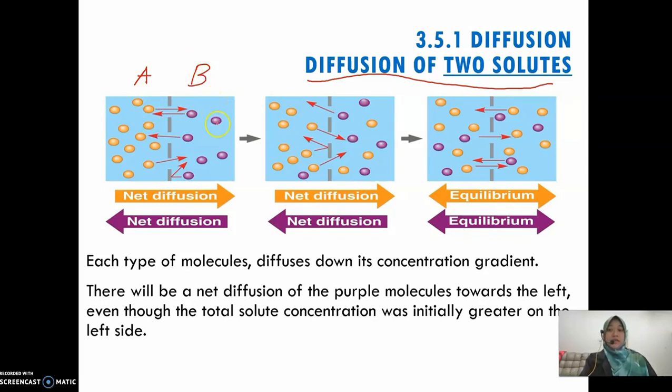On the other hand, purple dye is very high at side B, and there is no purple dye inside A. Therefore, both dye molecules will move to reach equilibrium. The yellow dye will move from side A to side B, and purple dye will move from side B to side A until equilibrium is reached.